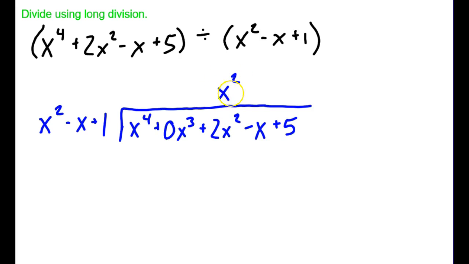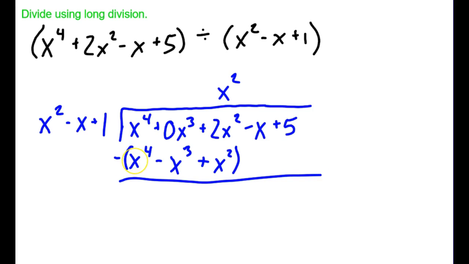Now I have to take this x squared and multiply it by all three terms in my divisor. So x squared times x squared is x to the fourth. X squared times negative x is minus x cubed. X squared times 1 is x squared. And now I'm putting parentheses around this because I'm subtracting that whole quantity.